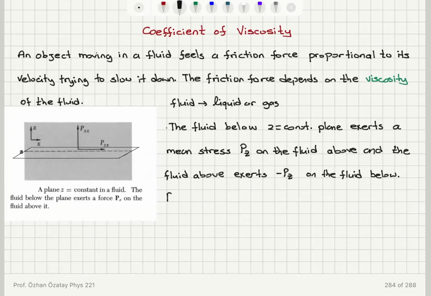And this mean stress is actually equal to the mean pressure of the fluid.